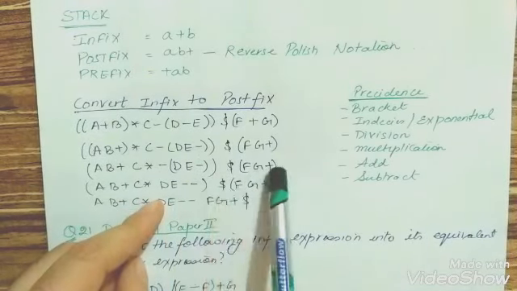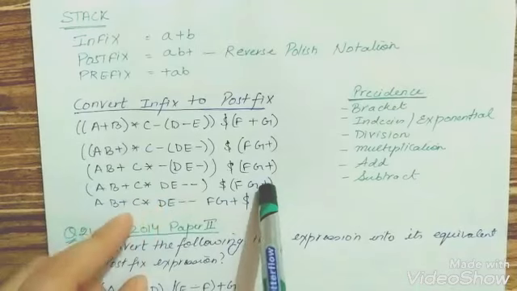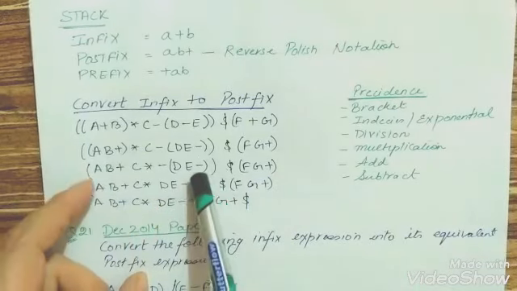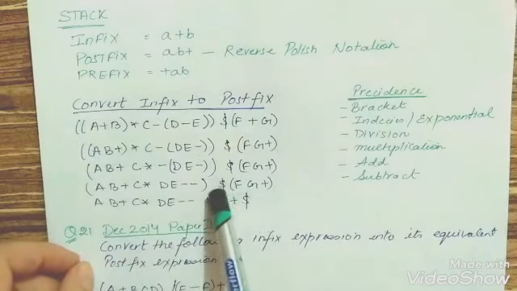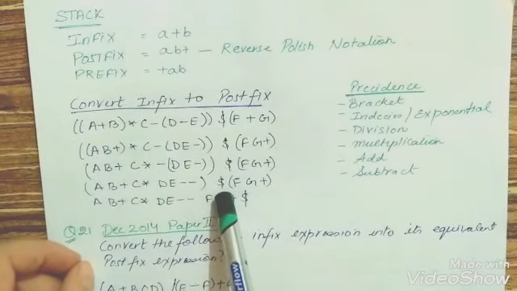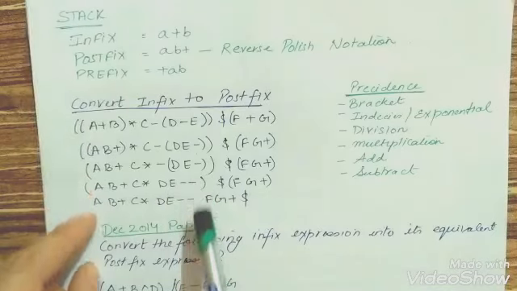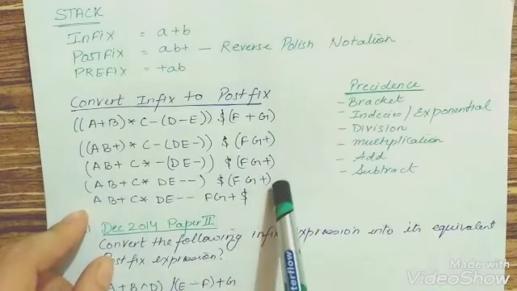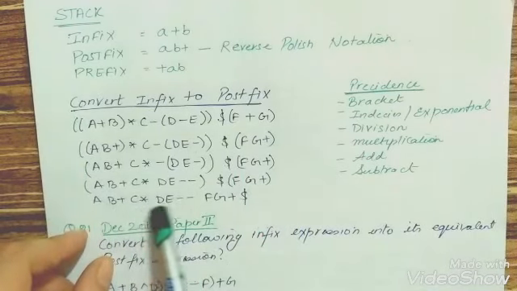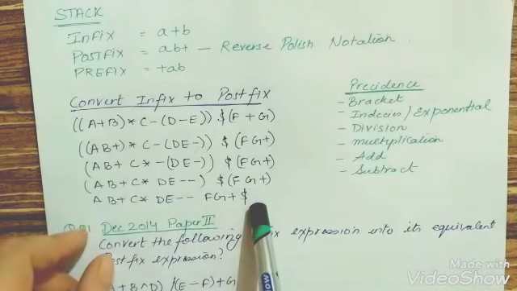Fine. And the rest of the figure remains the same. Now again we have this bracket and this bracket. We need to solve these two, and in between we have dollar. So we write this as it is over here and move this dollar sign from here to the end and make it postfix. So finally our answer becomes this, right?